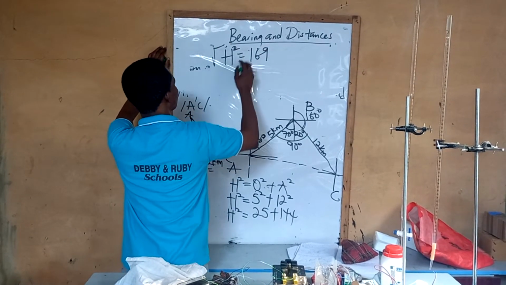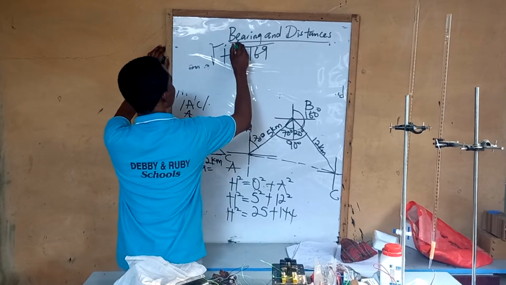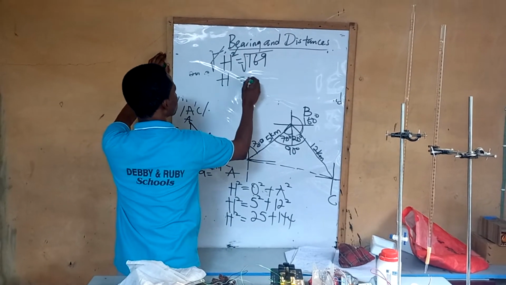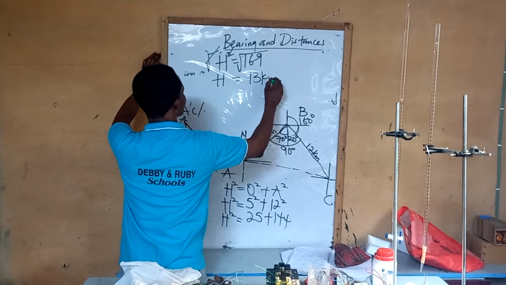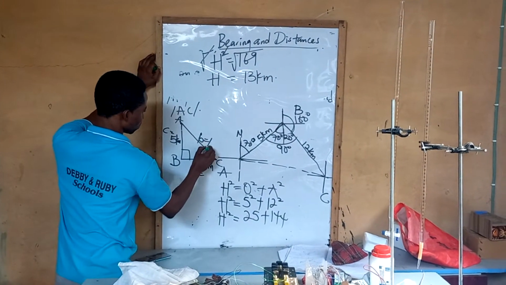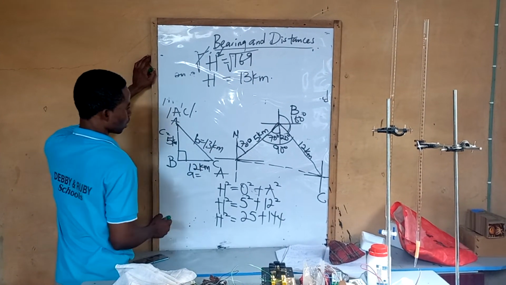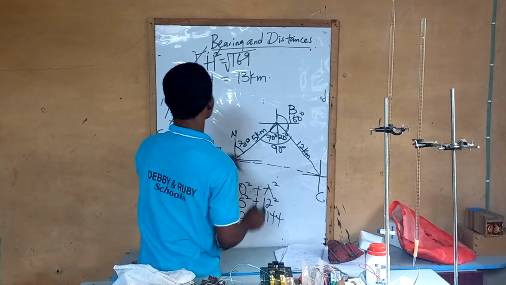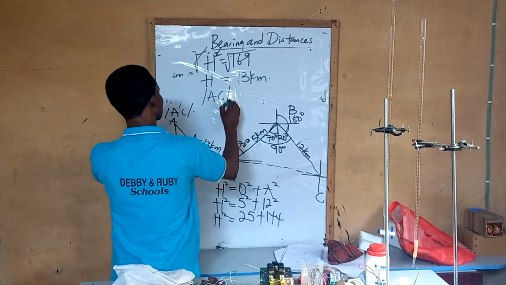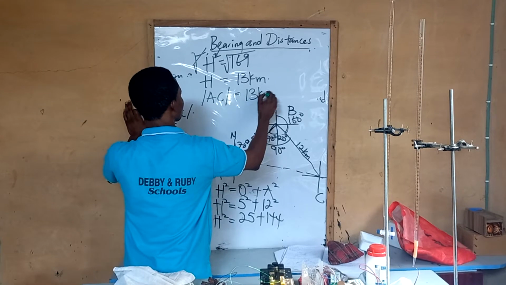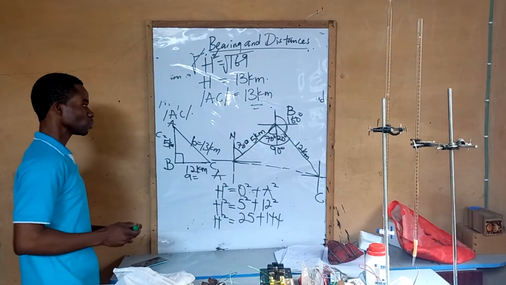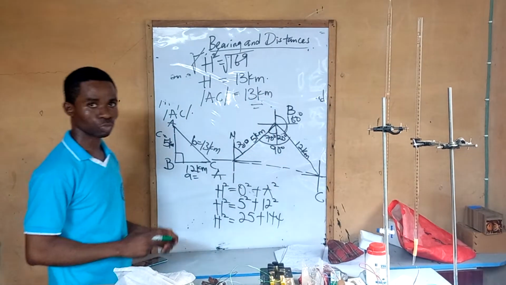So you square root both sides. So the hypotenuse is 13 kilometers. So this is what I'm looking for, that means line AC. Line AC equals 13 kilometers. I hope you got what I'm saying.